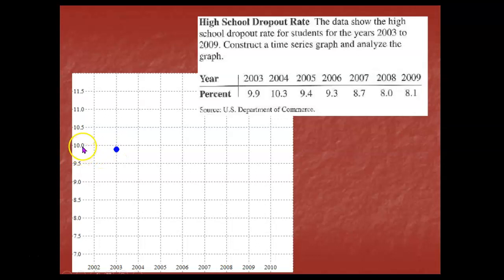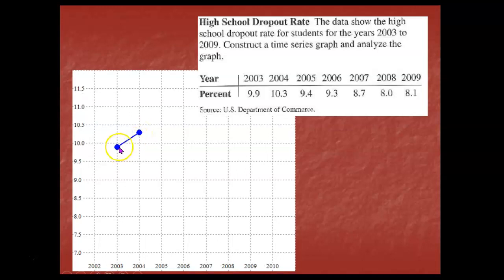And the way I've got this labeled, it's between 9.5 and 10.0. It's just a little below 10.0. Then the next data point is for 2004, and it goes up to 10.3. And we can go ahead and connect those, draw a line segment from one to the next.